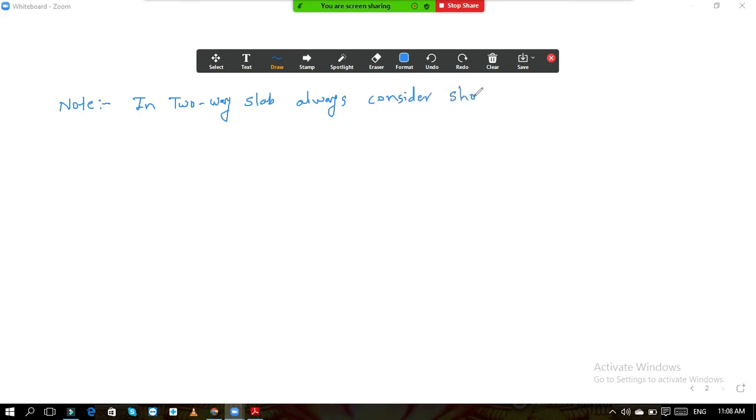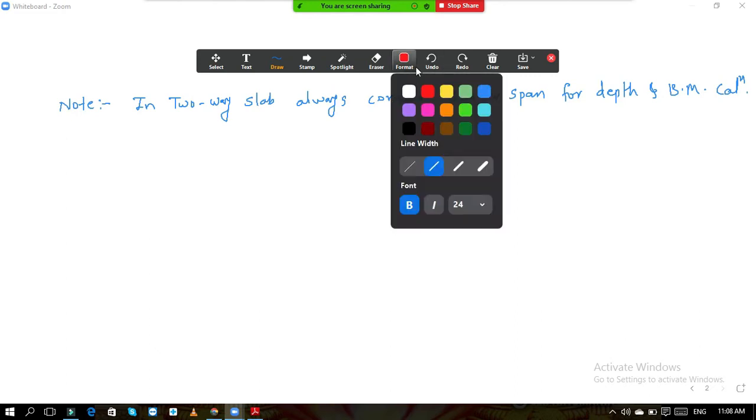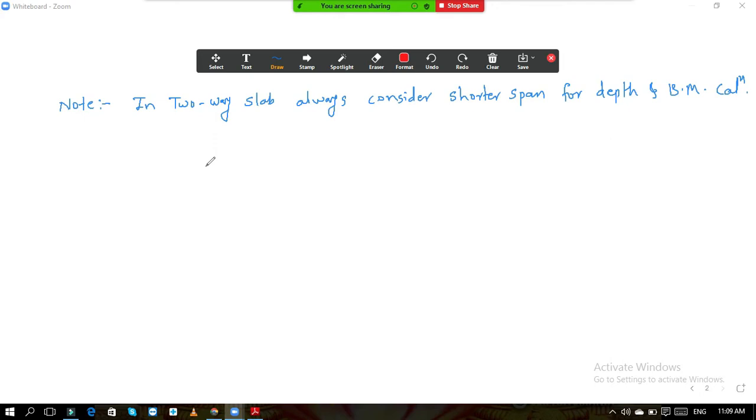In two-way slab, always consider shorter span for depth and bending moment calculations. Now we will calculate the ratio of longer length to shorter length, and we will verify whether the slab is a two-way slab or it is to be designed as a one-way slab.